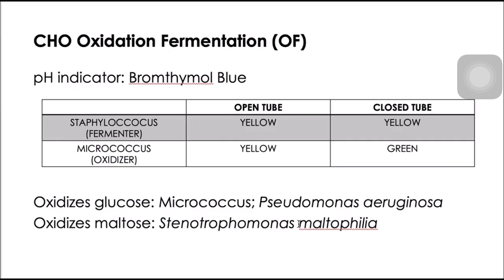Hence the name maltophilia, which means maltose loving. But again, let us not make a mistake: this one will not ferment maltose. Rather, it will oxidize maltose. Again, it oxidizes maltose. We have Stenotrophomonas maltophilia.